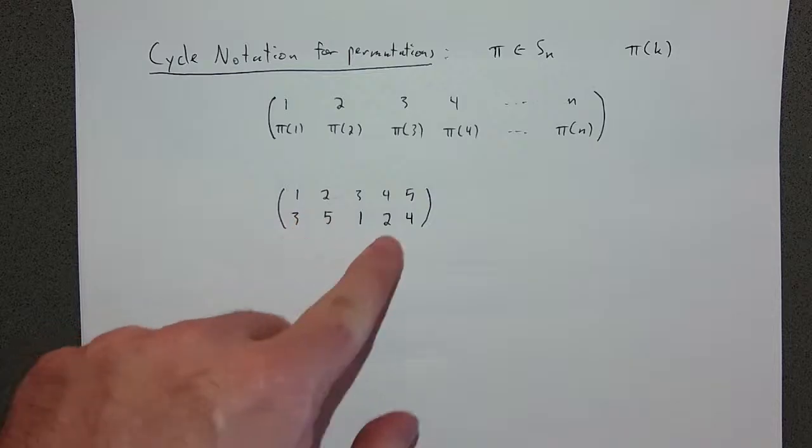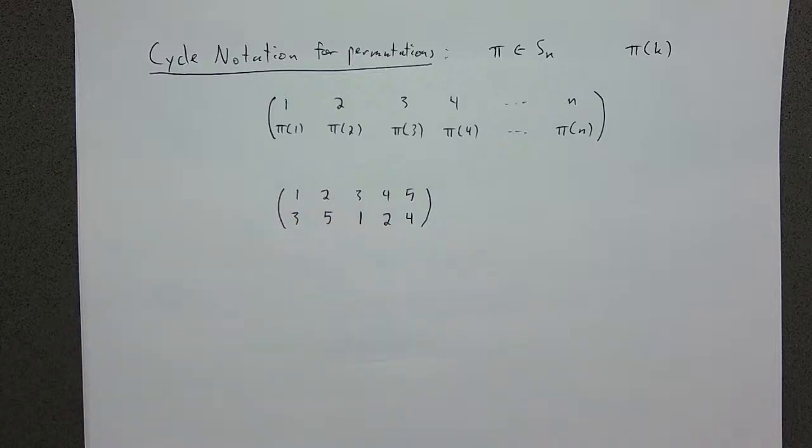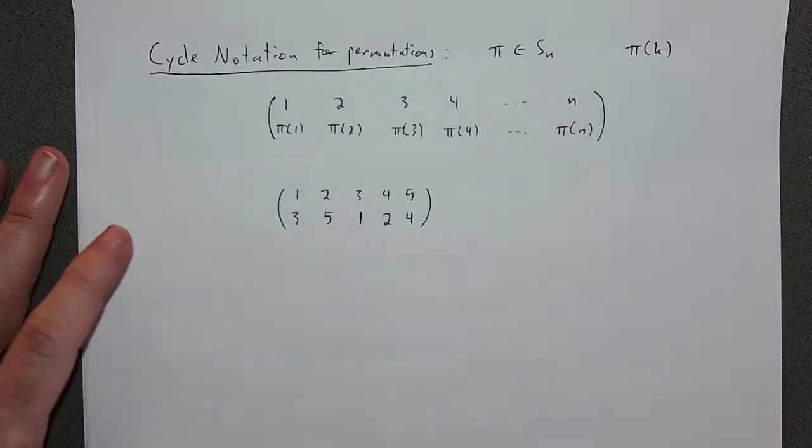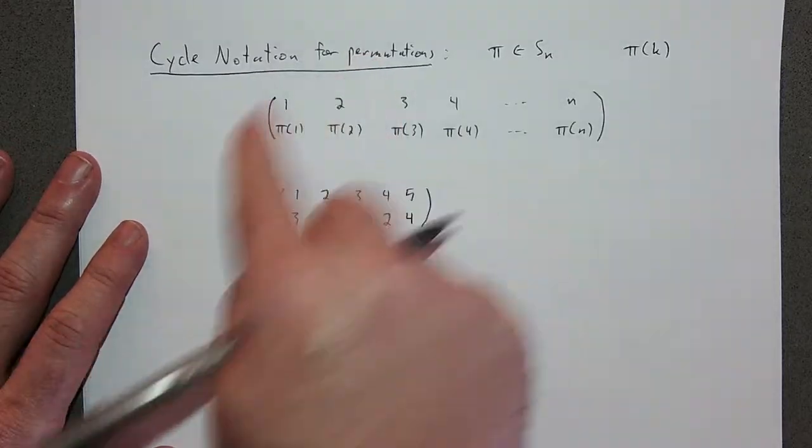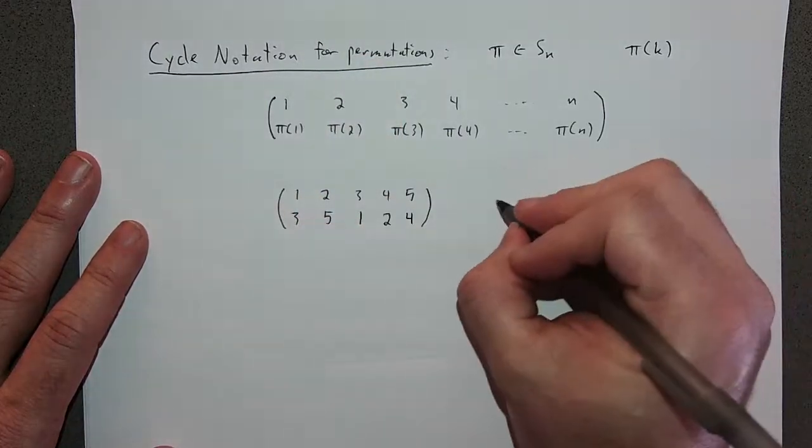If any of these had repeated, that wouldn't be 1 to 1, right? And of course, I can't repeat entries in the top row. It wouldn't even be a function there. Now, this is not cycle notation yet. This is too cumbersome.